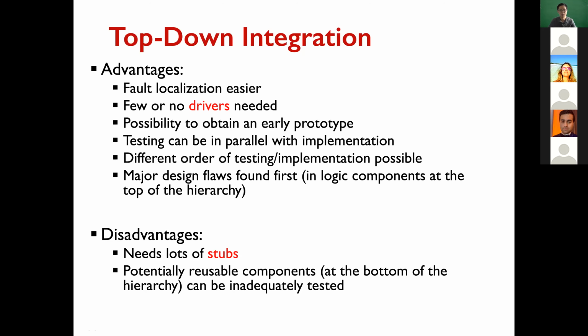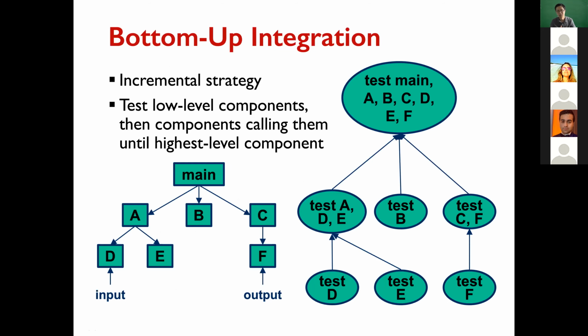The next strategy is a bottom-up strategy. It's a reverse order. It's also an incremental strategy. First, we test low-level components. Then we test the components that depend on the low-level components. And we go higher and higher until we test the top component. So in this example, we test D and E and F separately.